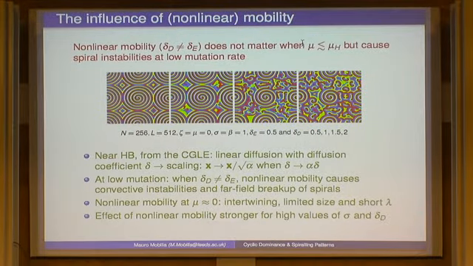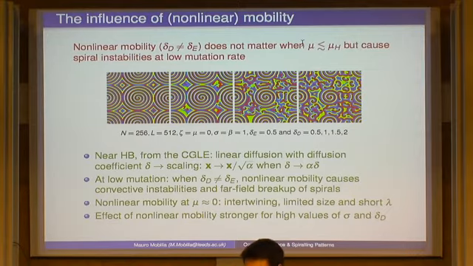Now, I want to just tell you about a few surprising things. So one is concerned with the mobility. I told you that we wanted to divorce hopping and pair exchange, right?